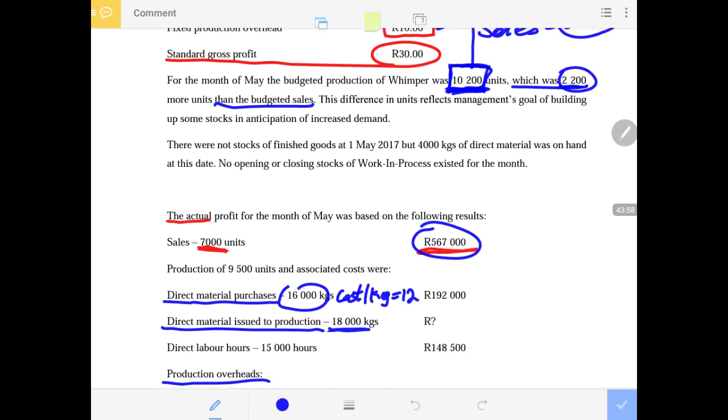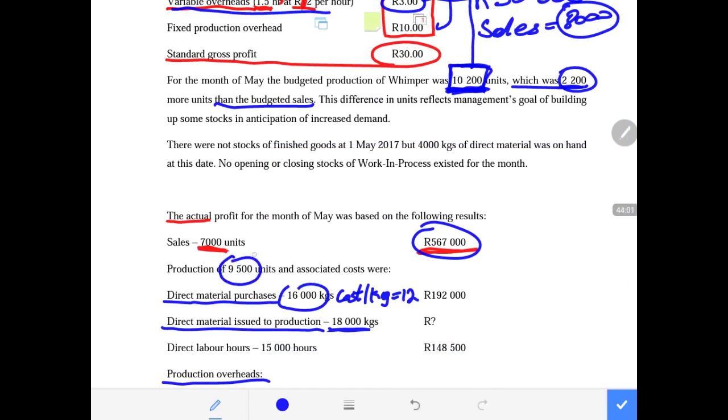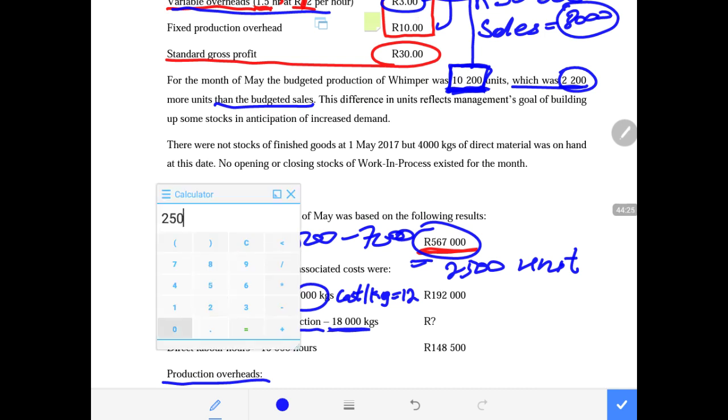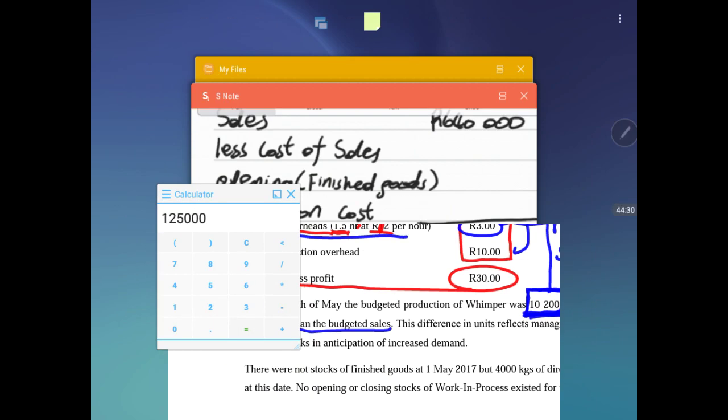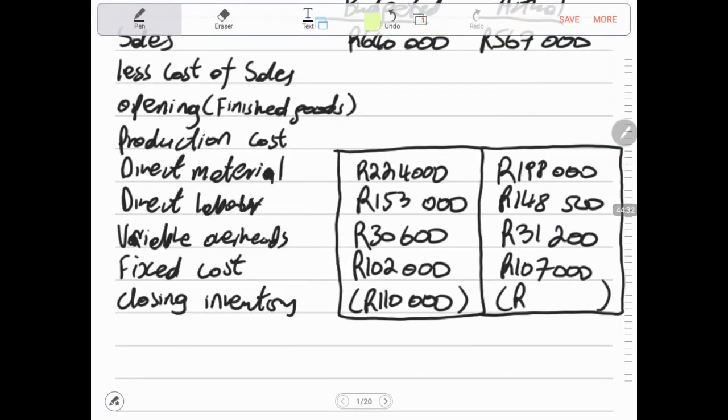Then completed units, we manufactured 9, yes, 9.5. We sold only 7,000. So now it's 9,500 minus 7,000. Then that will mean it will be 2,500 units that are completed, not the raw material aspect. Therefore now we have to say 2,500 multiplied by the cost of 50 rand, and it gives us the total of 125,000.